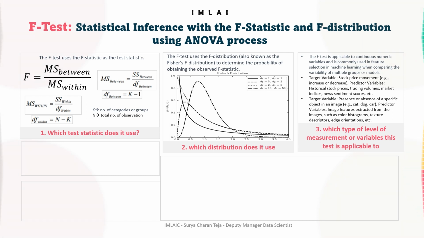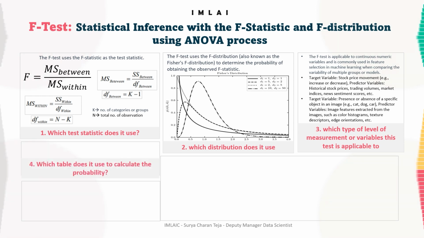Okay, so the next question I'm going to pose here is, which table does it use to calculate the probability? The F table or F distribution table is used to calculate the probability associated with the F statistic. However, in practice, this calculation is often performed using statistical software or libraries.